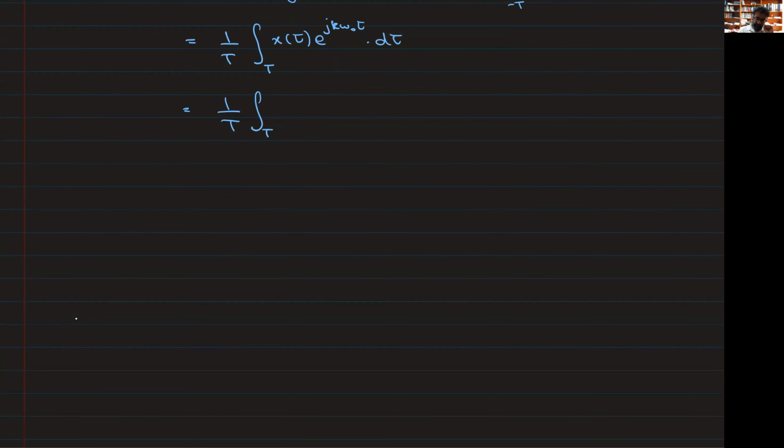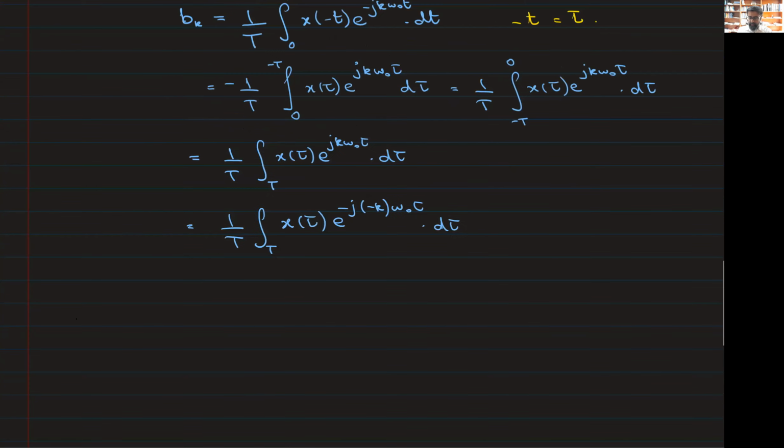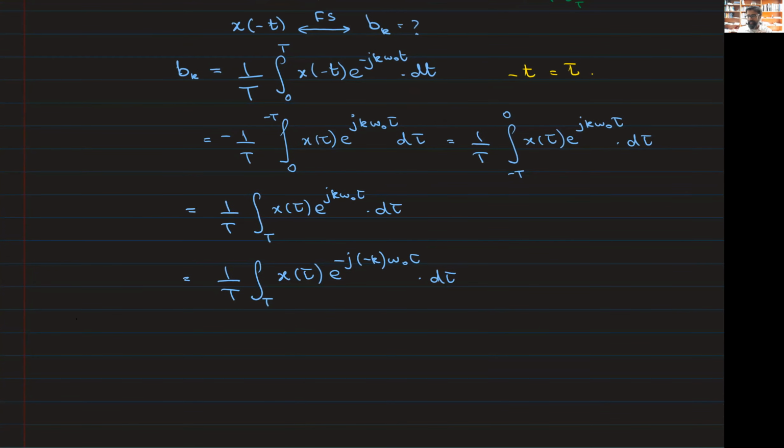So here, this is x of tau. This is e raised to the power minus j minus k omega naught tau, d tau, right? Simple enough. Here there was a positive sign, and I just say this is minus j, I bring it to that form, and actually there's a minus k here.